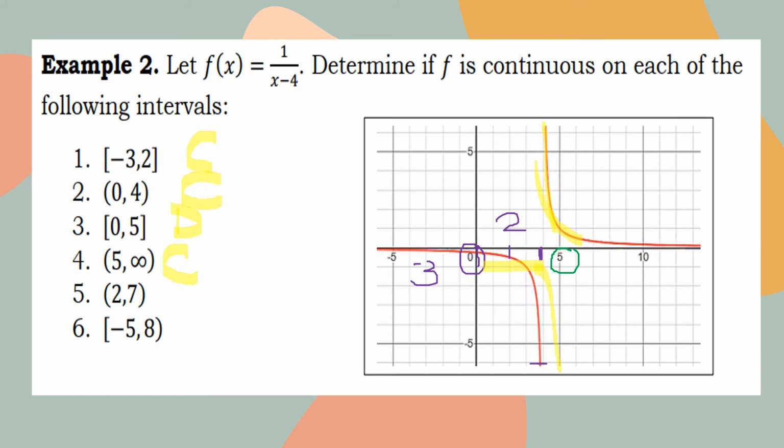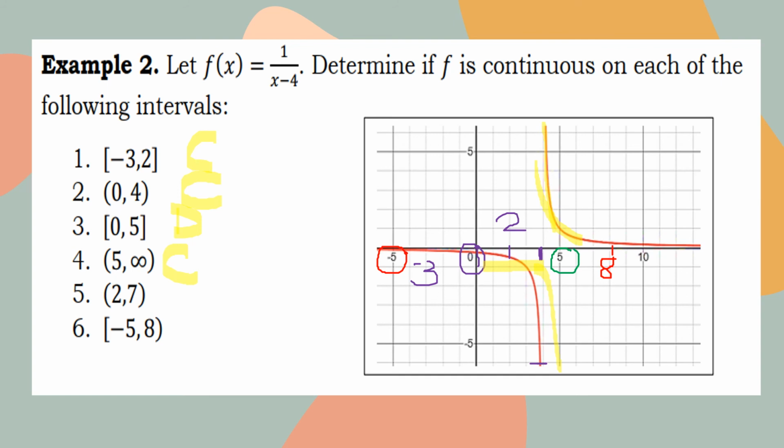Negative 5 to 8. From negative 5, which is this, going to positive 8, is the graph continuous or not?